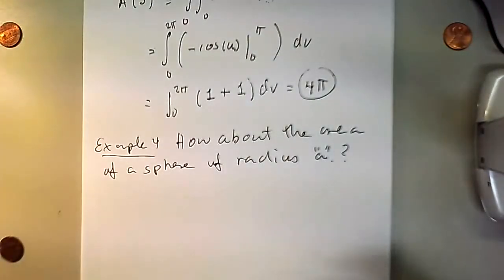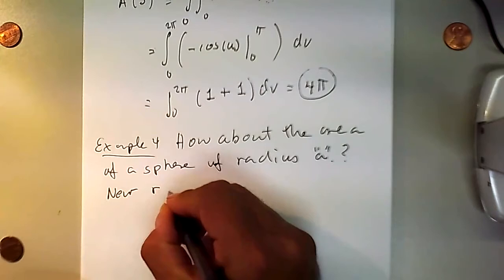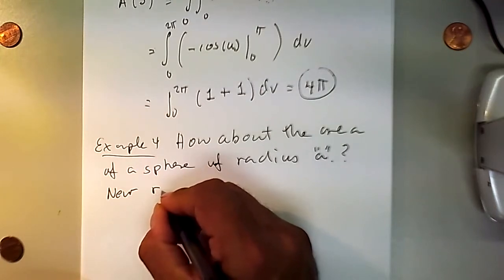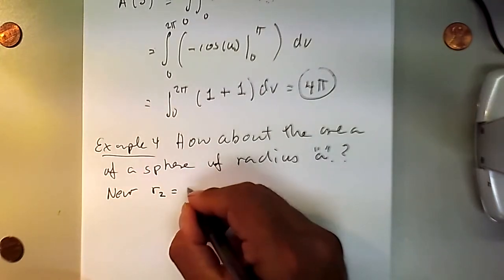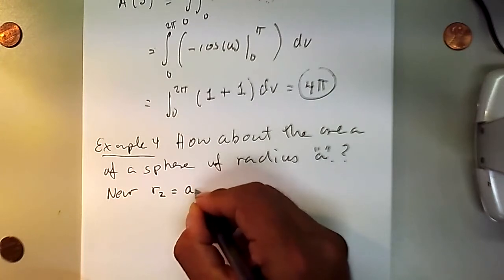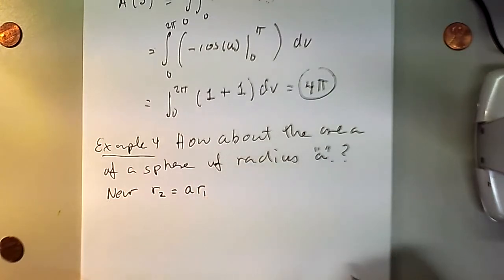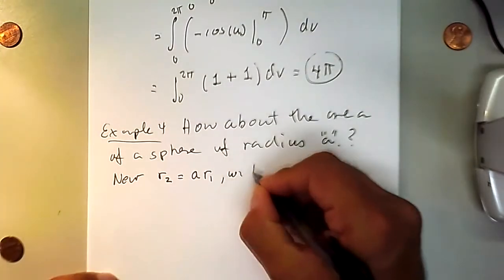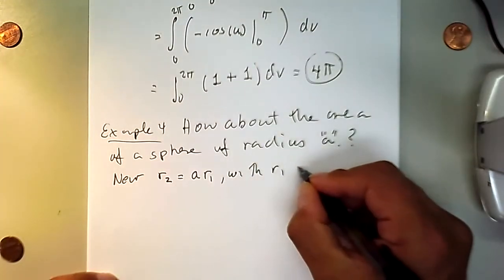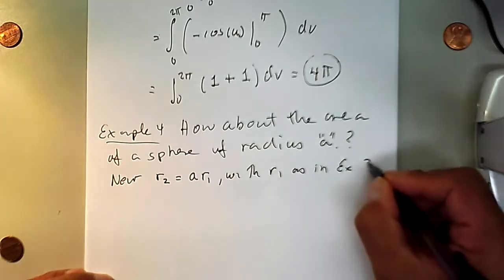So we're going to have a new r. I'm going to label it as r2, which is going to be the same as a, that's a scalar, multiplied with r1, as in example 3.